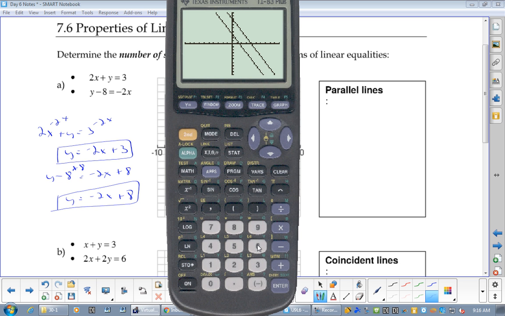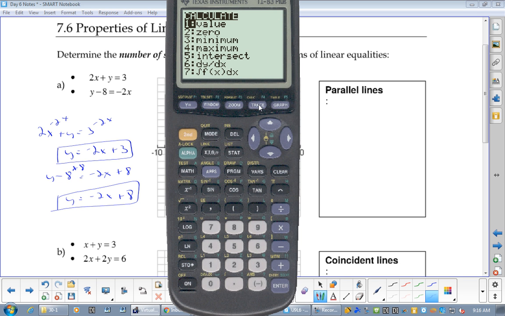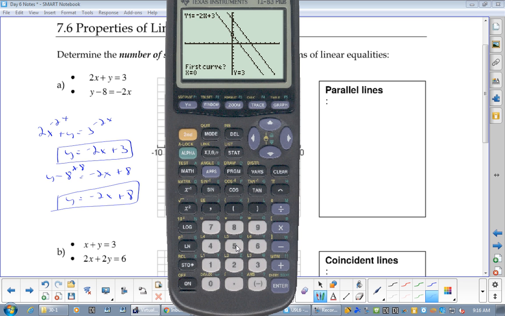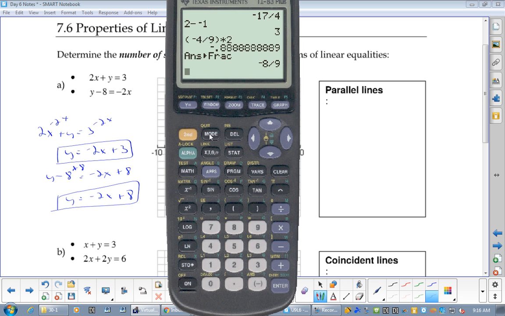If I go to find an answer, second trace 5, enter, enter, enter, I get an error. Can somebody explain to me why I'm getting an error, please? Hisham?